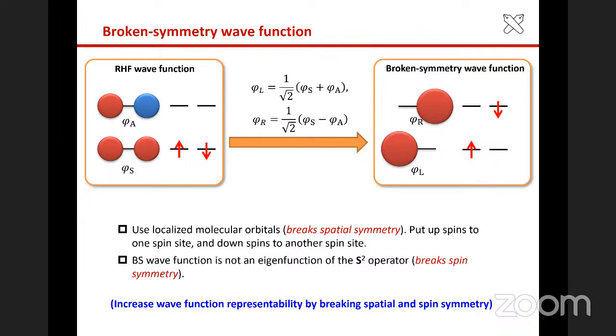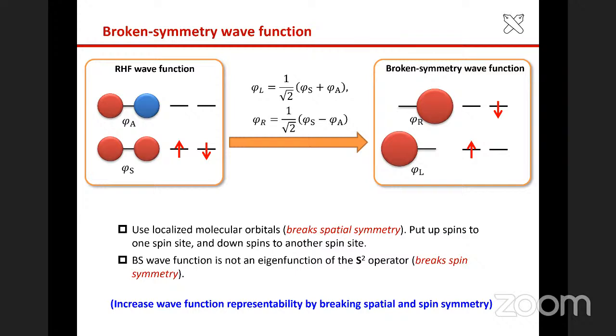So if we diagonalize the one-body density matrix, there is some spatial overlap between phi L and phi R. Roughly speaking, if we diagonalize the one-body density matrix, we can obtain the occupation number with HOMO equal to 1.